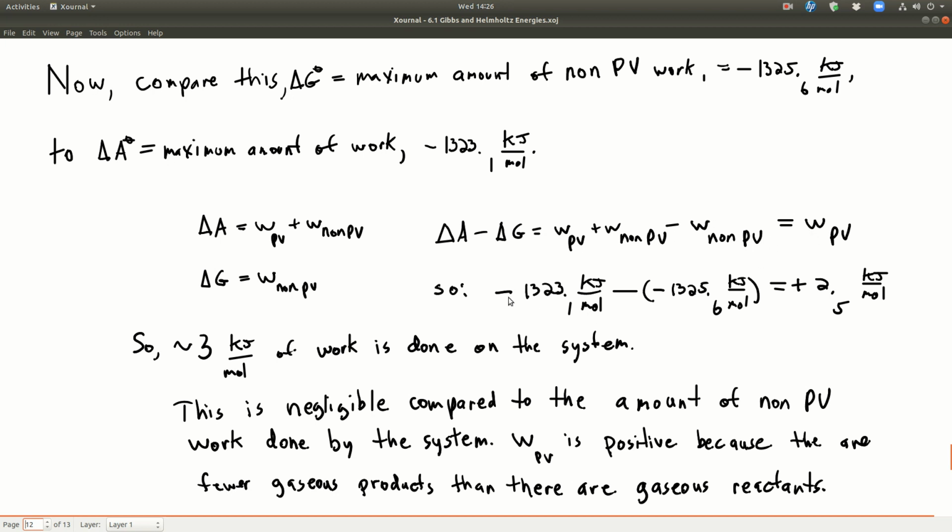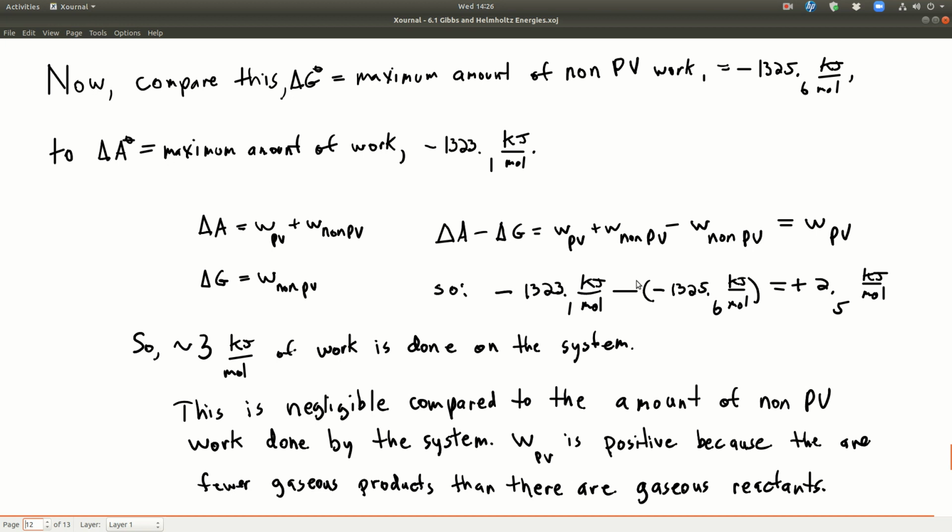And that means that minus 1323 minus minus 1325, again, we just got these numbers, is equal to positive about 3 kilojoules per mole. What that tells us is that the PV work in this process is first positive, which means it's done on the system, and that makes sense because we have fewer gaseous products than we do reactants.